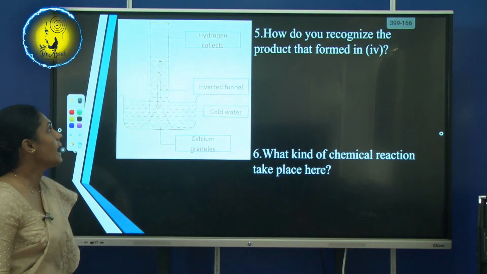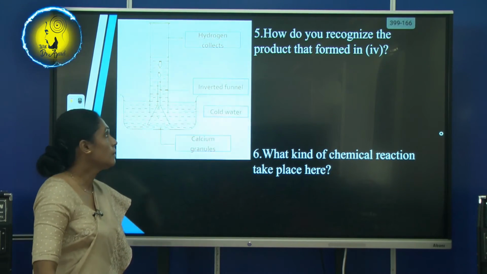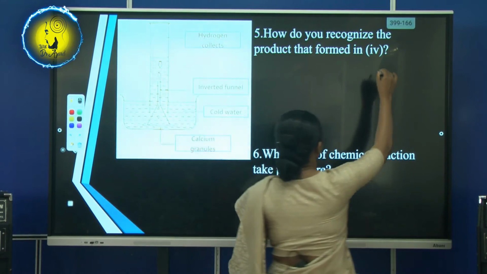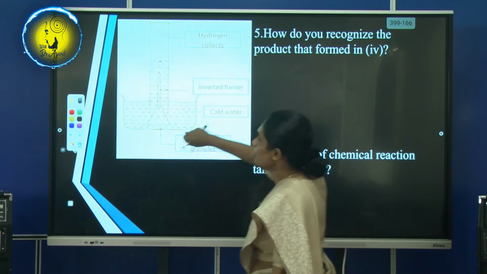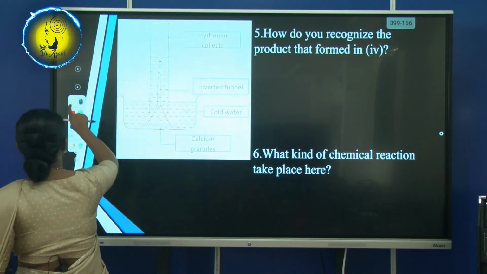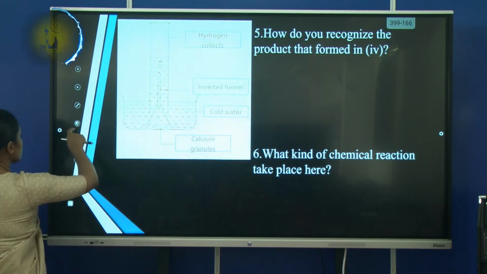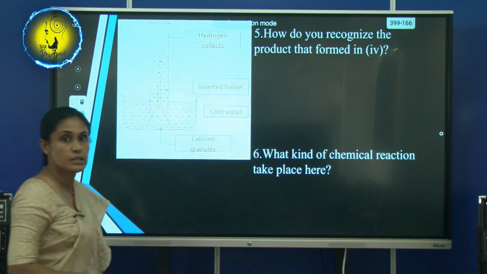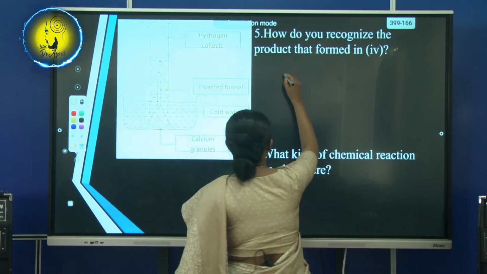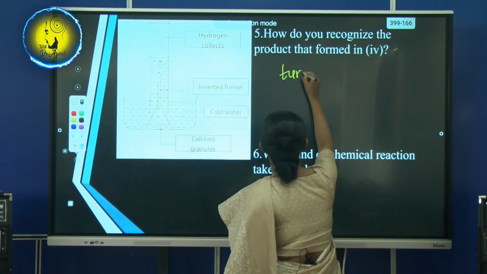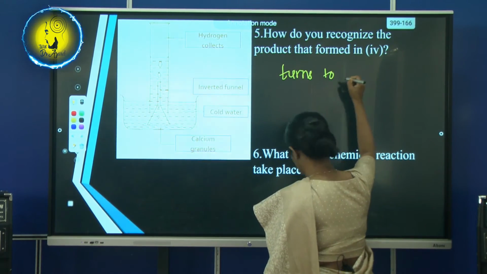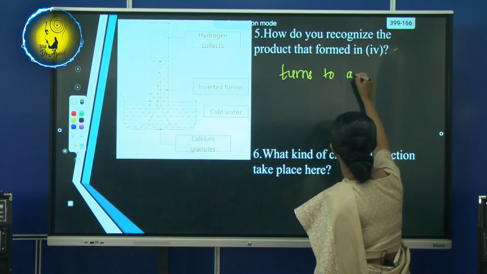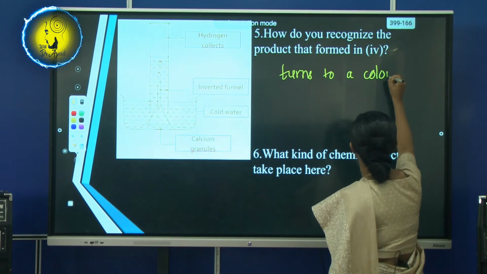How do you recognize the product that formed in the fourth one? How do you recognize this? Because this solution turns to a colorless solution.